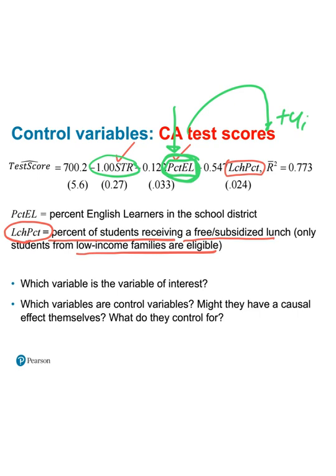But what we know is lunch percentage of those getting subsidized lunches and breakfast probably is controlling for the wealth status of families at home. So again, right here, this could be a variable that is both interpreted as a causal variable, but also as a control variable, just depending on how you're understanding the story with your data.